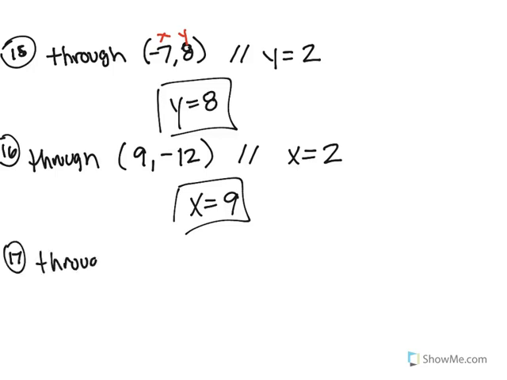Write the equation of a line that's going to go through the point 13, 10, and it's perpendicular to y equals 2. No, I didn't say y equals negative 10. Y equals negative 10.